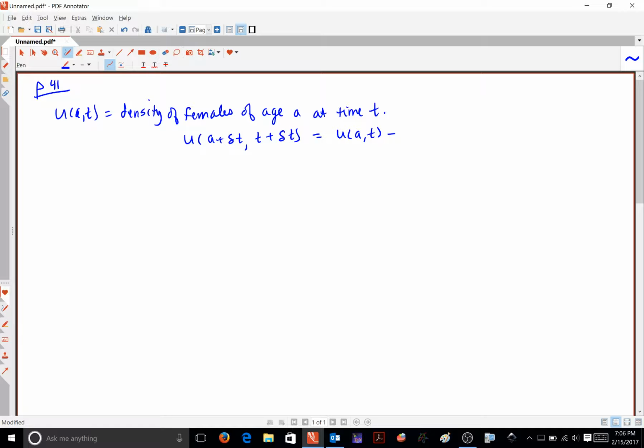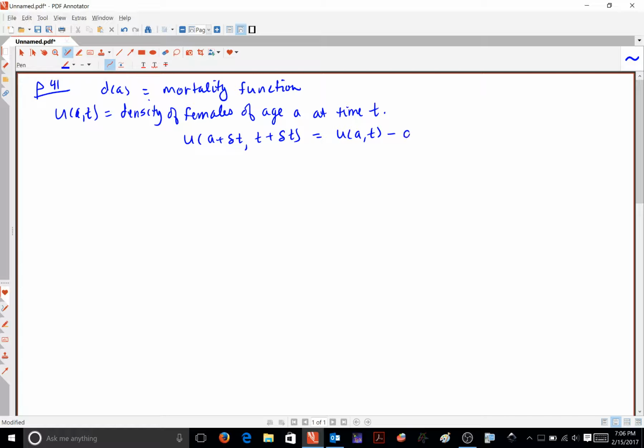minus, and they call this amount d, and they say d is a mortality function for those at age a.